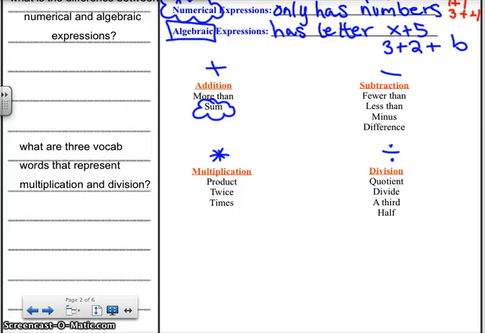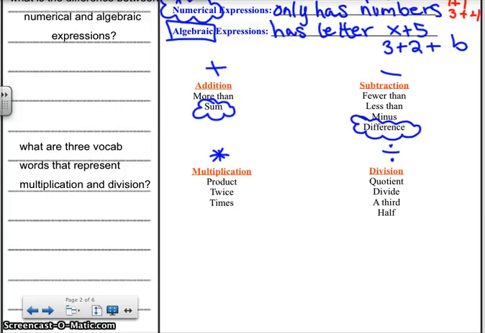Okay? Subtraction, there's 2 popular ones. Difference. Fewer than is slightly like on a tie. What do you think would be the other one besides fewer than? Minus. Minus is one of those like 5 minus 3.